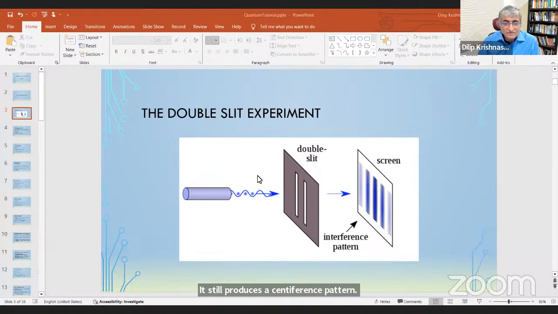That photon, or even a really tiny particle, interferes with itself, and different particles hit the screen at different places and then produce the pattern, which is the weird thing about it.